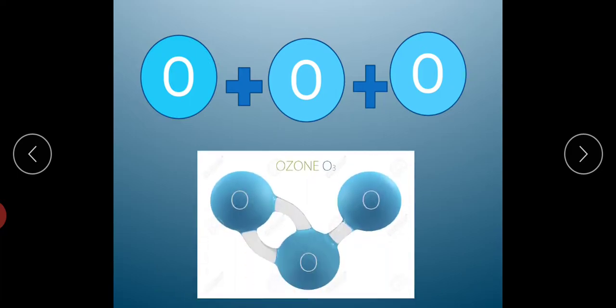When they combine, they form one ozone molecule. You have heard of ozone gas? Ozone layer, right? It protects the earth from the ultraviolet rays of the sun. So, ozone is represented as O3.